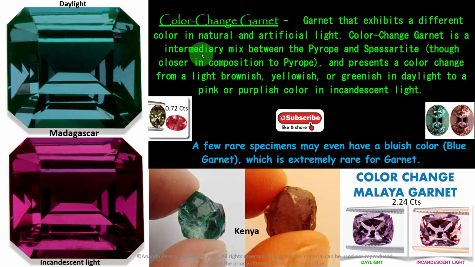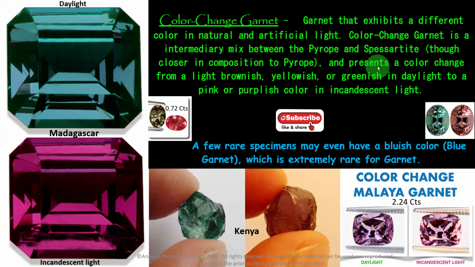Color change garnet is an intermediary mix between the pyrope and spessartite. Remember this, pyrope garnet and spessartite garnet are both mixed together to give the color change garnet. Though closer in composition to pyrope, it presents a color change from a light brownish, yellowish, or greenish in daylight to a pink or purplish color in incandescent light.